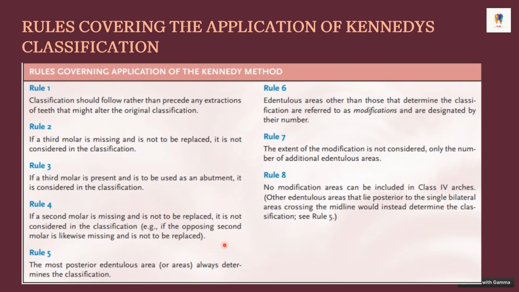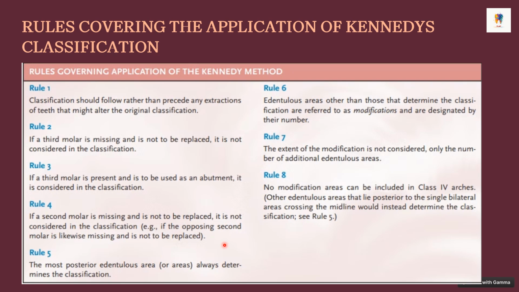Rule 5 says that the most posterior edentulous area always determines your classification. Like you have a patient who has multiple missing teeth. If there are multiple missing teeth, how are you going to determine the classification? In such a patient, you look out for the most posteriorly missing edentulous area.